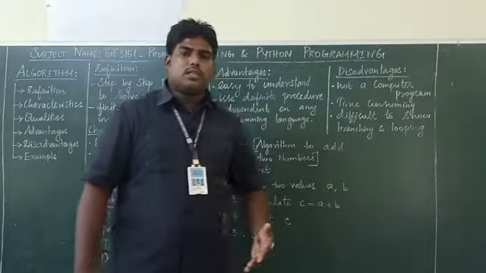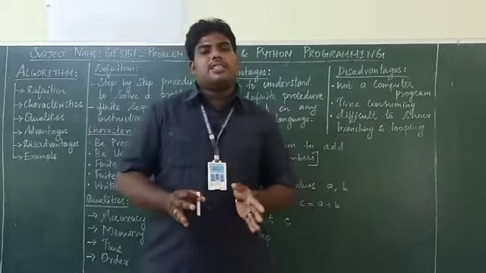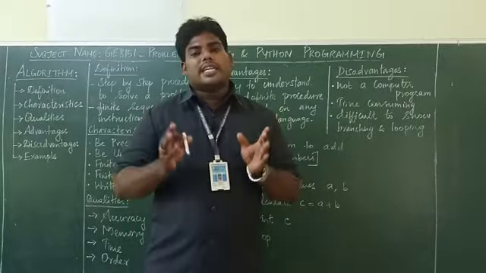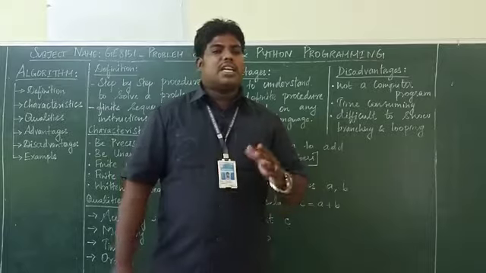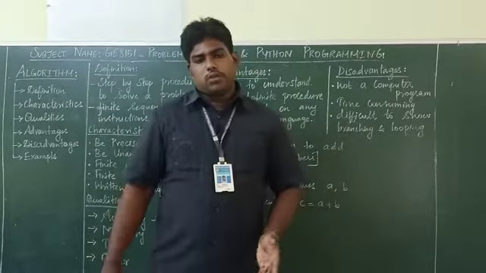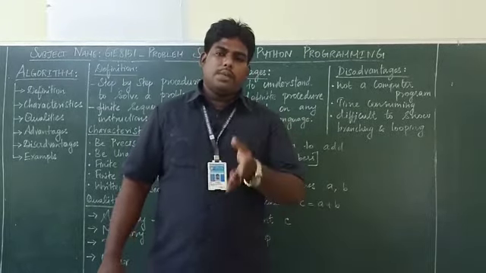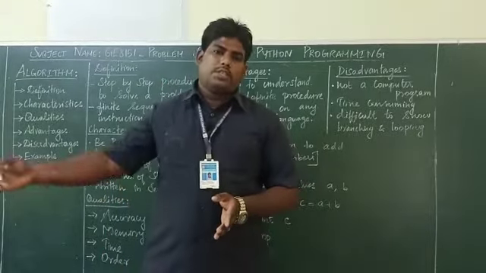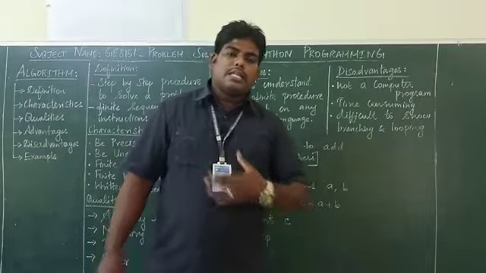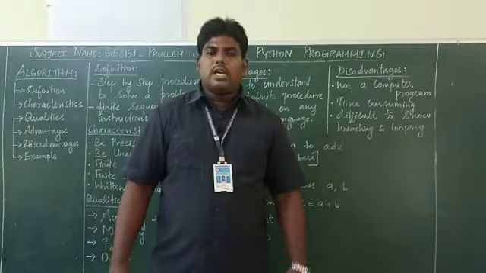What is branching? Anyone have the idea? Branching means selection or checking a condition. For example, I want to find whether a number is positive or negative. How do you find it? If the input number is greater than 0, we say it is positive. If the number is less than 0, we say it is negative.